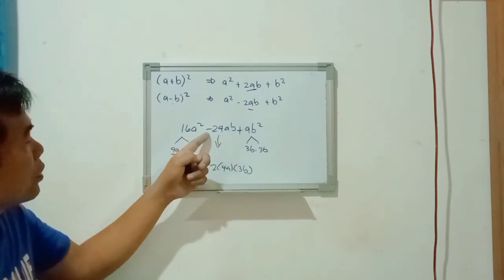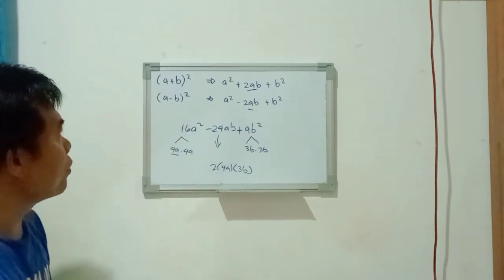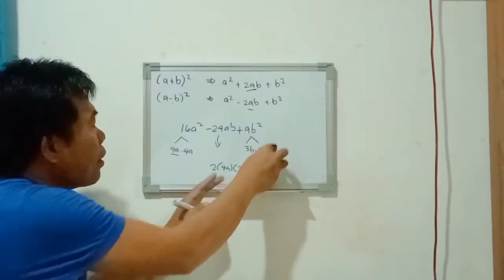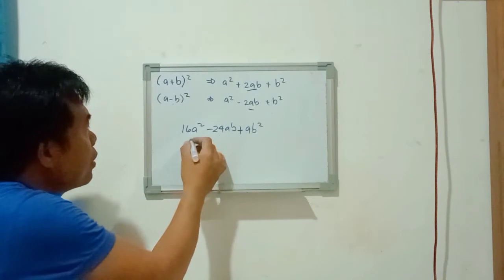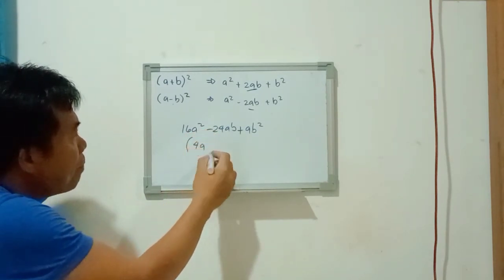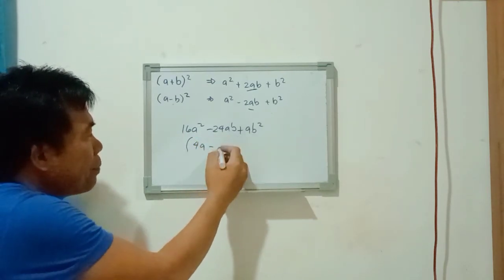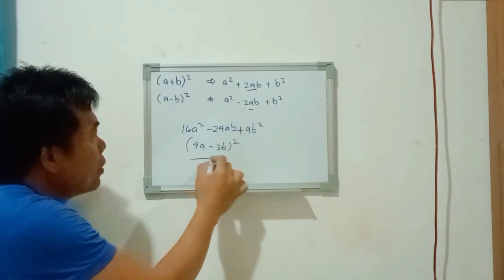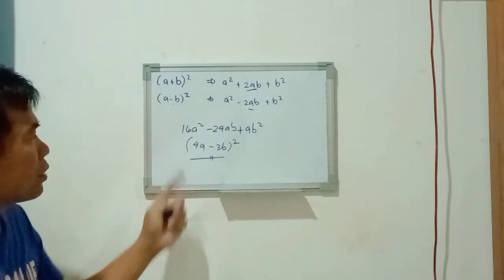Since we're using negative, we're using this factored form in factoring this perfect square trinomial. So the square root of 16a squared is 4a, minus the square root of the last term, 3b. So this is the factored form of this perfect square trinomial.